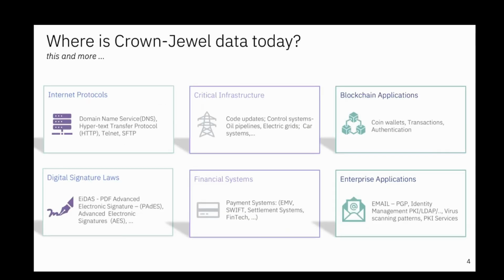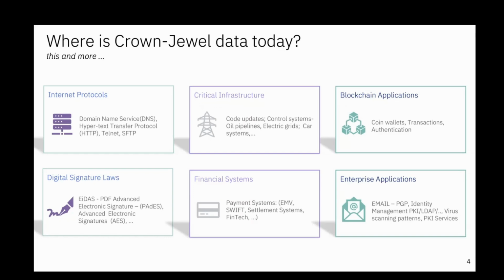So when it comes to crown jewel data today, you can find it on the internet. It could be in various states out there: critical infrastructure that needs to be protected, control systems like SCADA, which protect our electric grids. It could be oil pipelines. There are blockchain applications where you have digital coins, wallets, and all kinds of things. And HyperProtect has a special focus on the digital assets platform that we'll be talking about.